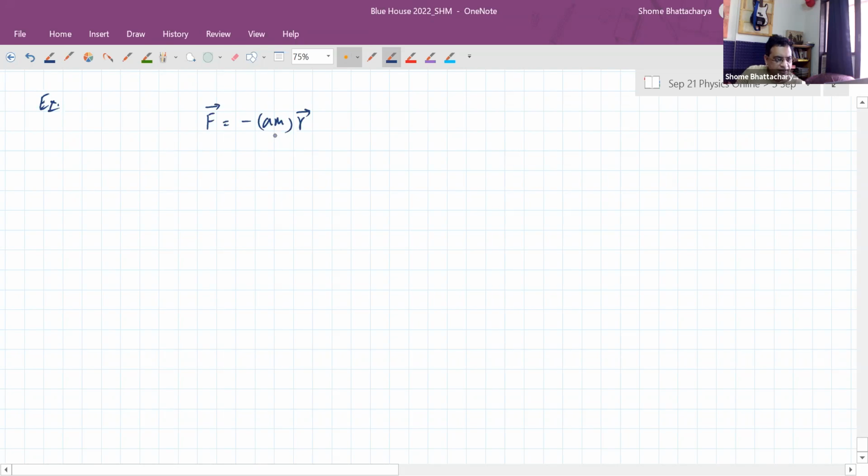So the force, we can write AM as some effective K. So the net force acting on a particle is minus K. If it is two-dimensional motion, we'll write the position vector as x i cap plus y j cap. So we have basically two distinct equations, that Fx is equal to minus Kx and Fy is equal to minus Ky.